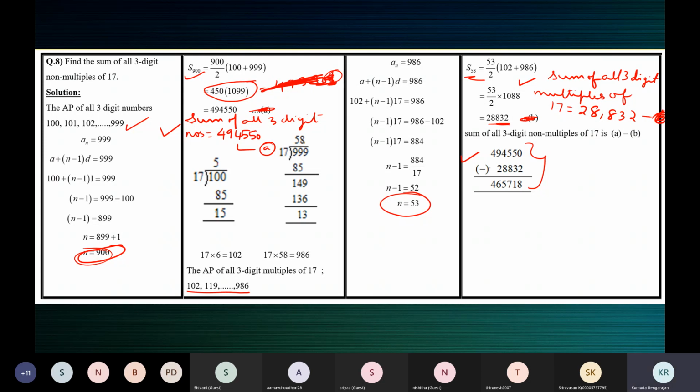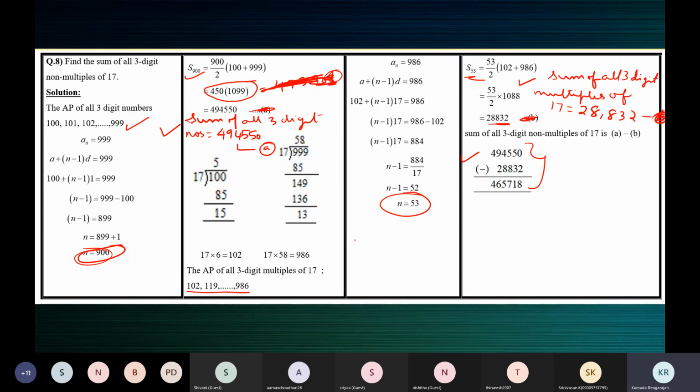Now the question is, why are we not finding the sum of the non-multiples straight away? Because the 3-digit non-multiples of 17 will not form an AP.